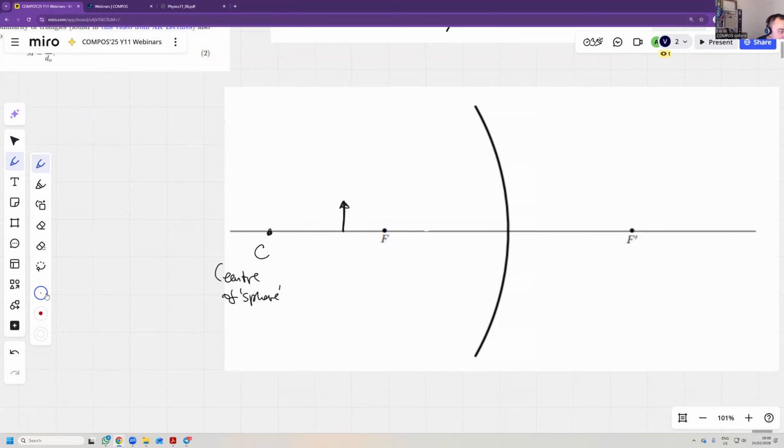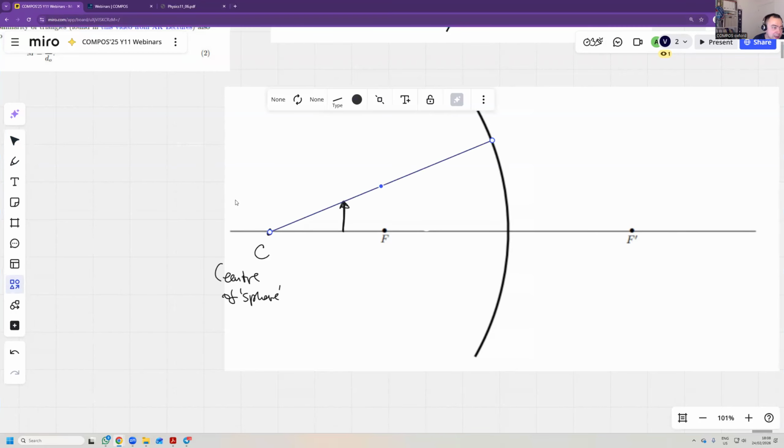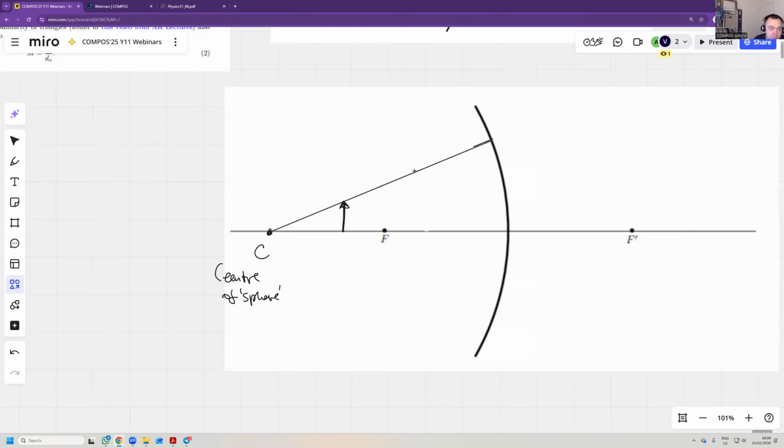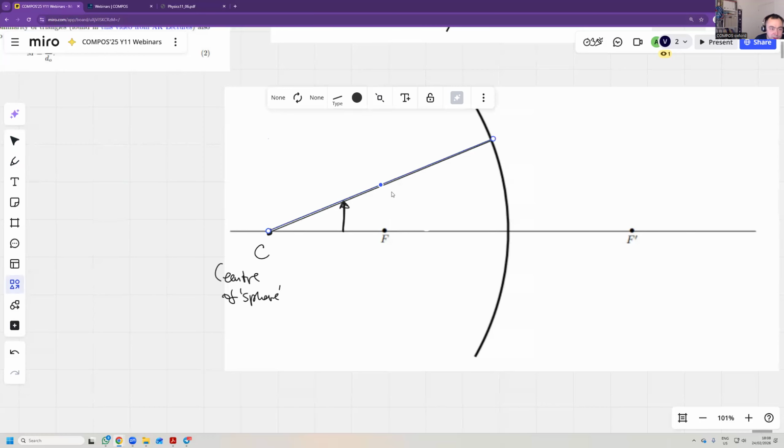If you draw a line from the center of the sphere to the tip, this light will obviously reflect back in exactly the same direction. Light coming from this end, going in this direction of the mirror, will reflect directly back.